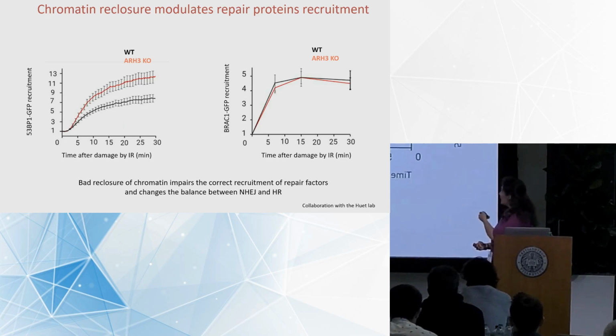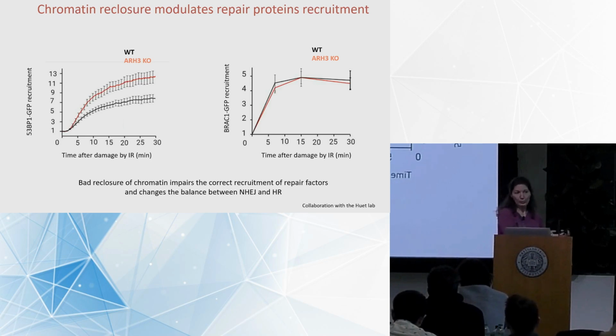And we can see that it boosts 53BP1 recruitment. We don't see an effect for BRCA1, but we have looked at only 2 repair proteins at the moment. But the idea is that this chromatin breathing and then reclosure, or even overcompaction after, probably has a role, and it will modulate the recruitment of repair proteins.